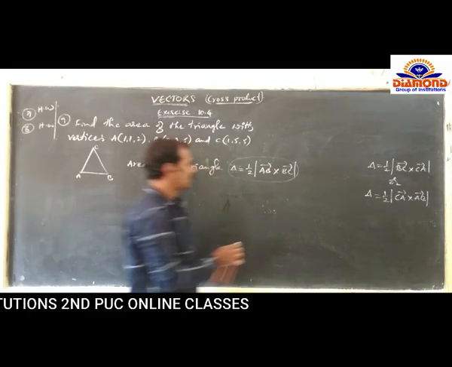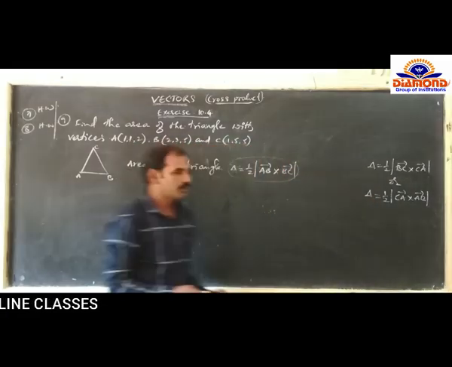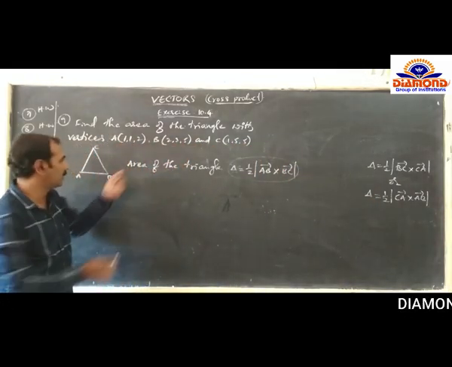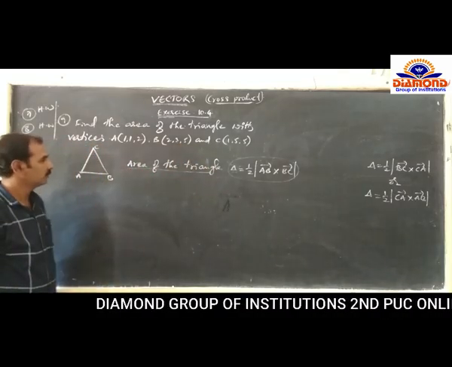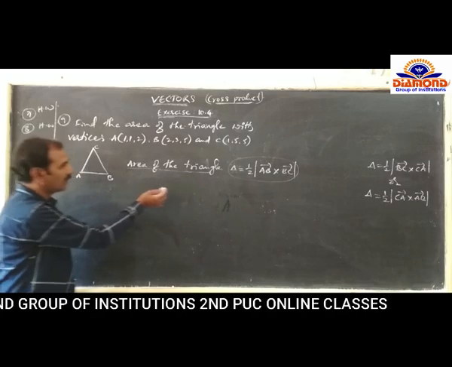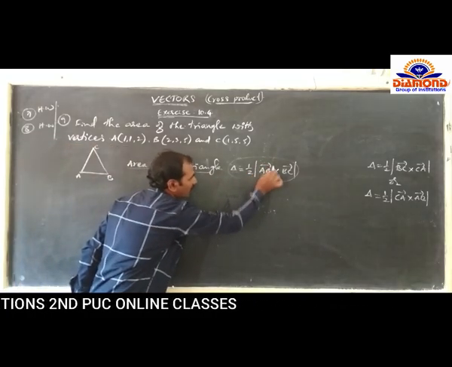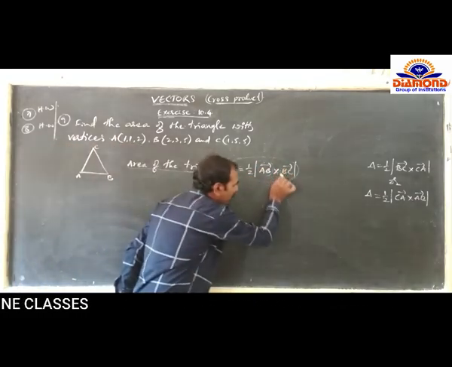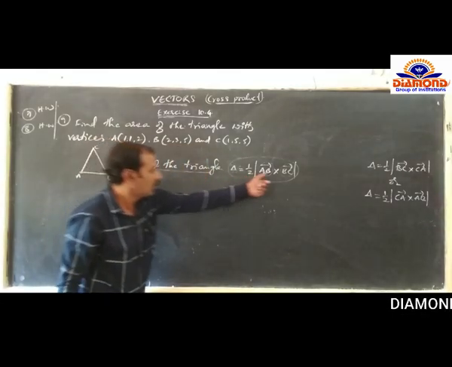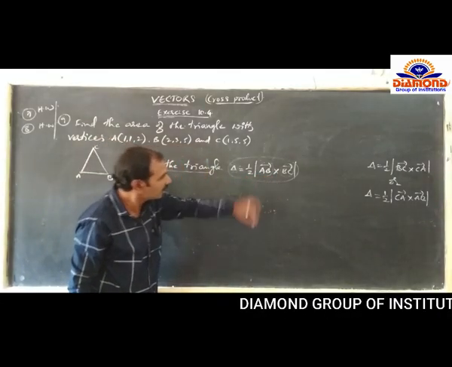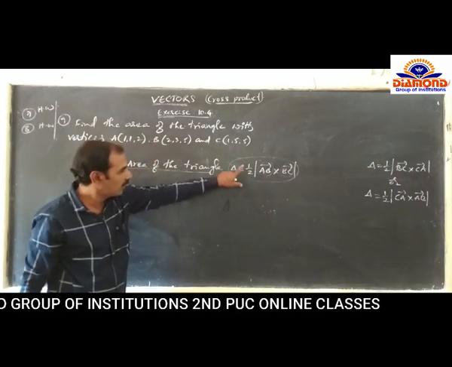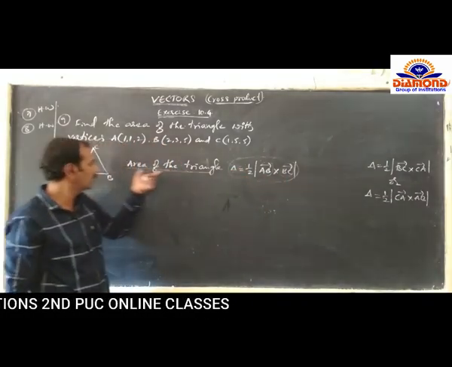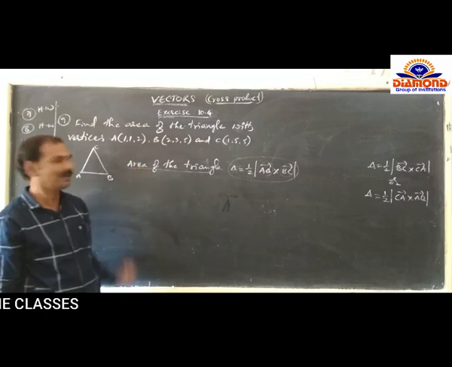So these 3 types we can use to calculate the area of the triangle. The simple, easy way: first you calculate the AB vector, then the BC vector, then the cross product, then calculate the magnitude. Then you multiply by 1 by 2, and you get the area of the triangle.